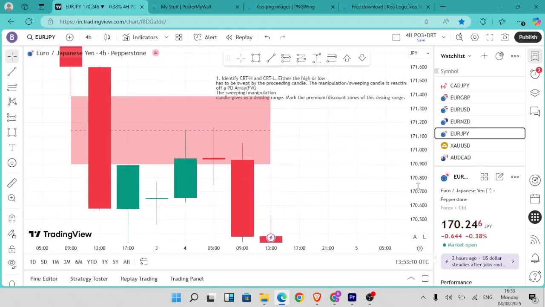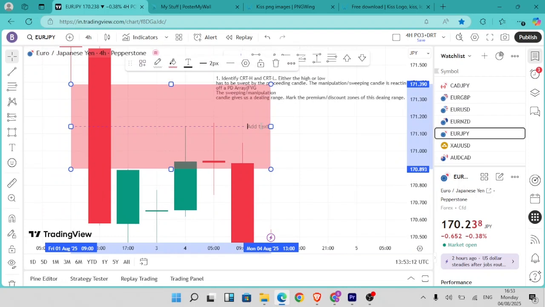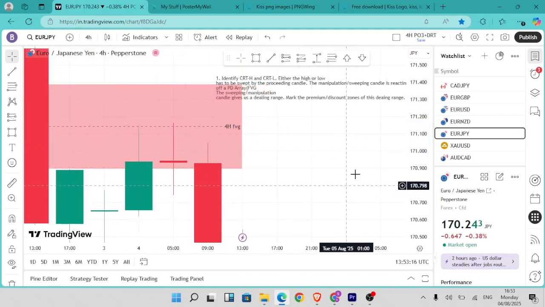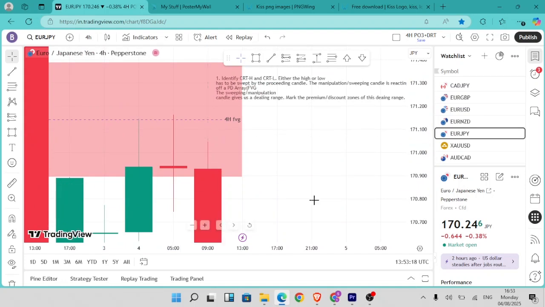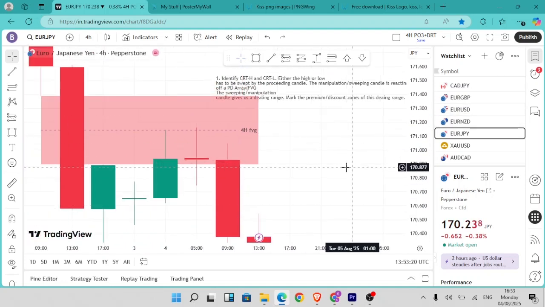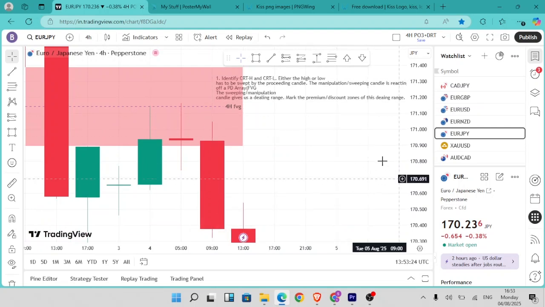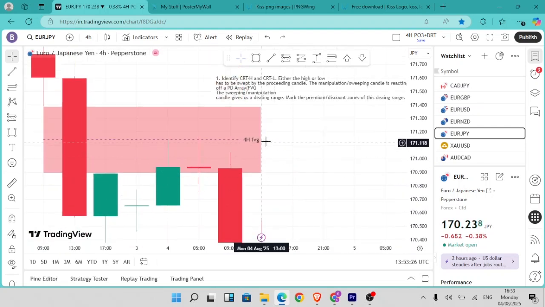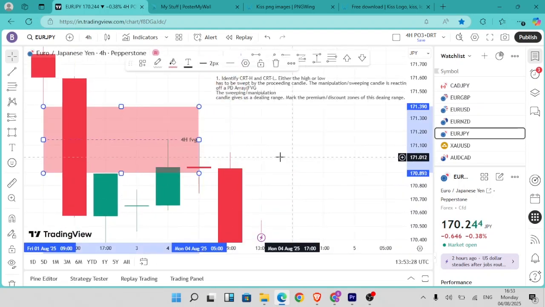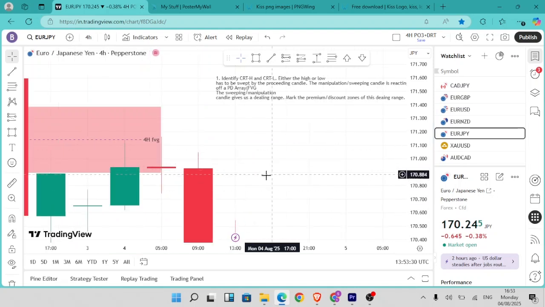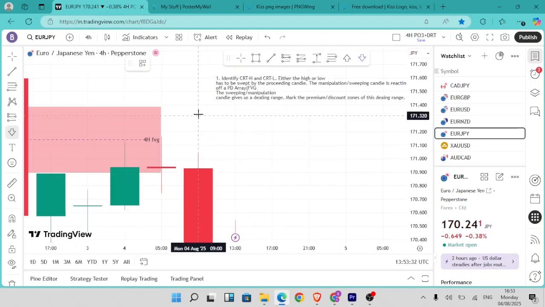So what are we expecting? For this fair value gap, we are expecting the next candle to go lower to give us sell setups. So we are assuming this candle has not yet opened, but that is where we are supposed to get those sell setups.